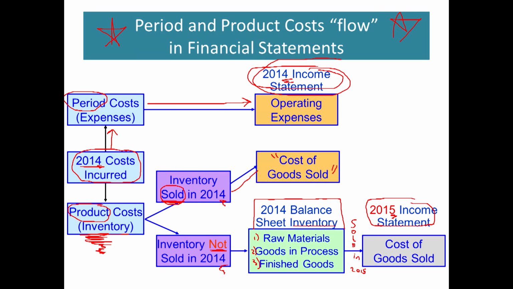Take a look at the slide. We can see how this works very easily with raw materials. But what we're going to find out is for direct labor and manufacturing overhead, of which factory heating costs would be the latter, what we end up doing is allocating it or assigning it to goods in process inventory. Okay?